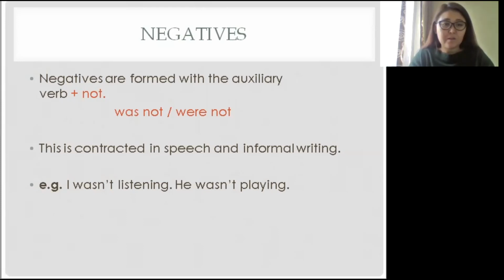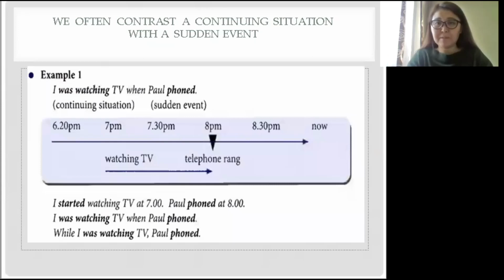So now we look at some examples. Very often we contrast a continuing situation with a sudden event. Please look at this example. I was watching TV when Paul phoned.